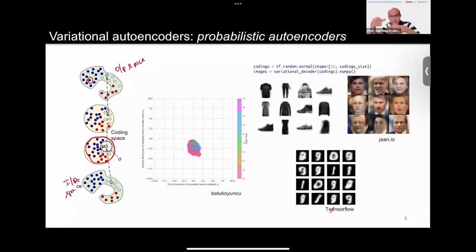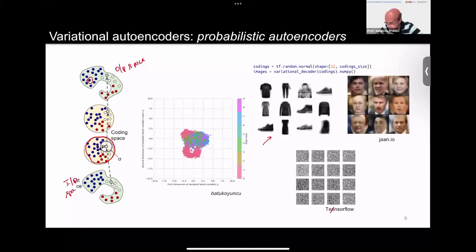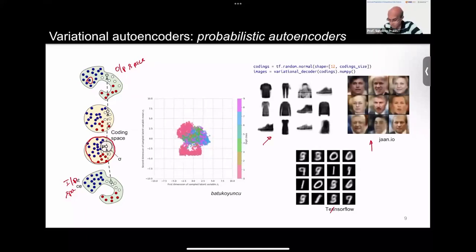What you're seeing here is a two-dimensional scatter plot, very similar to the t-SNE of what is being learned. Everything that was centered as a blob is now being separated as the iterations progress. These are some sample images that were generated from the variational autoencoder trained on Fashion MNIST and some facial image databases.